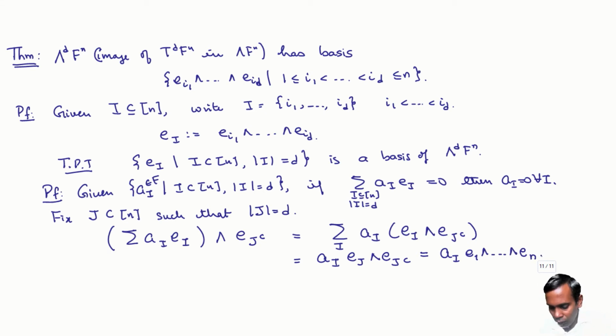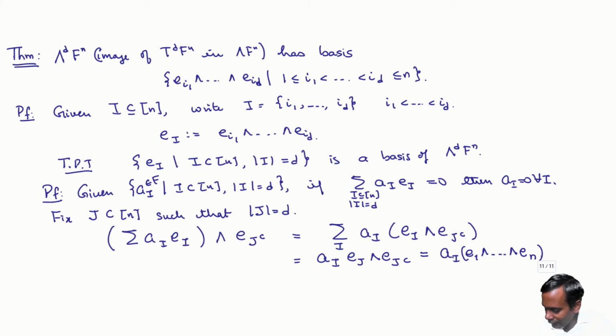Firstly, one thing I should have said before is that if d is greater than n, then of course none of these elements E_I can be non-zero. So we are restricting ourselves to the case where d is less than or equal to n.